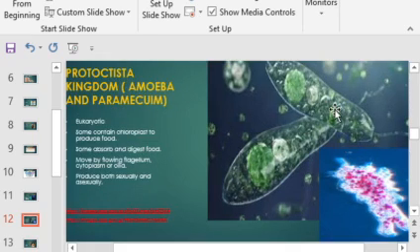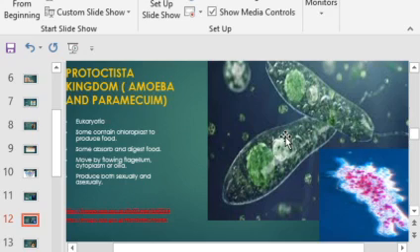The top, the larger picture would be the paramecium. So in general, all of these, or some of them, contain chloroplast to produce food. The chloroplast, as we may know, contains chlorophyll, which is responsible for trapping light to help plant-like organisms produce food.